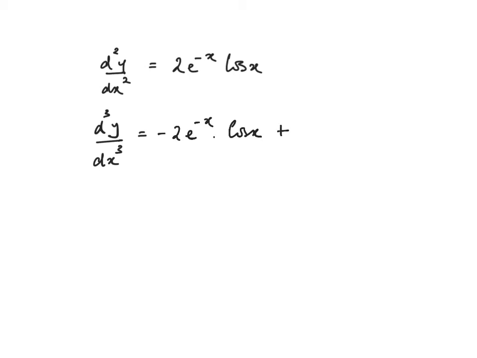If I leave the first and differentiate the second, I get minus sine of x. I'm going to take out minus 2 e to the minus x. And that gives me cos of x plus sine of x.